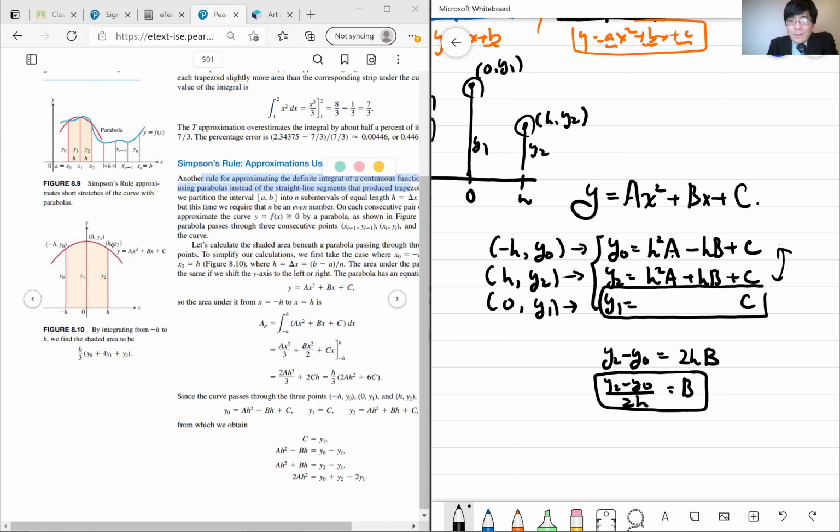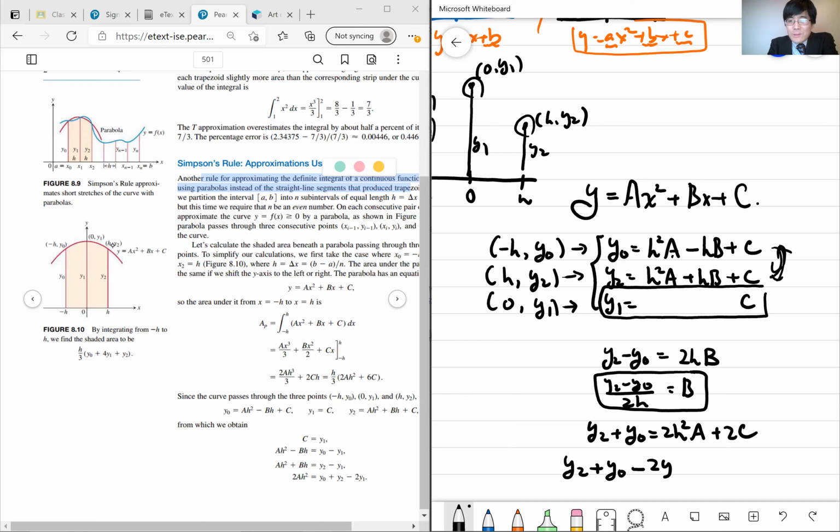And a you can find by adding together: y0 plus y2 is equal to 2h squared a plus 2c, and 2c is the same thing as 2y1.